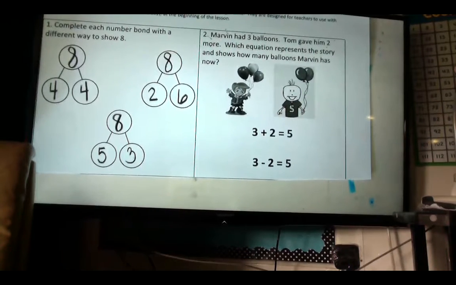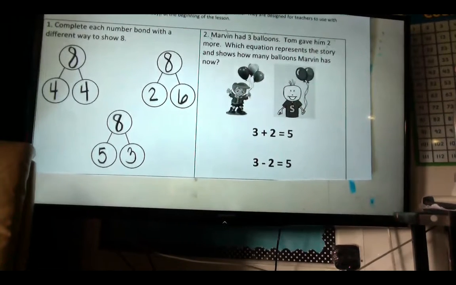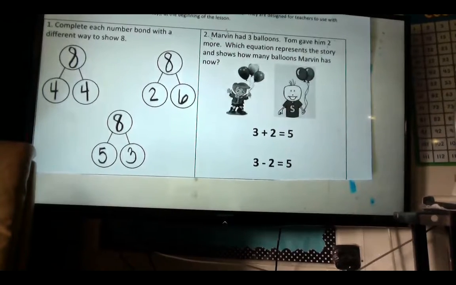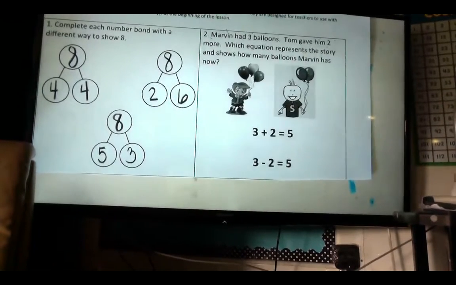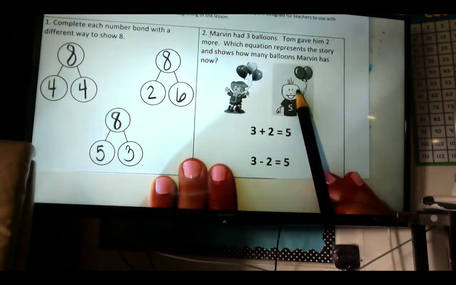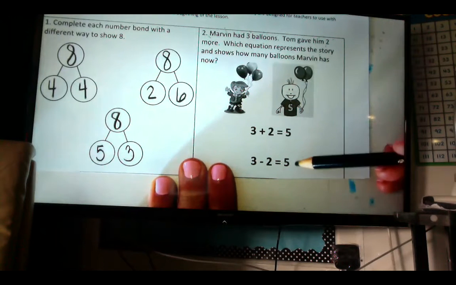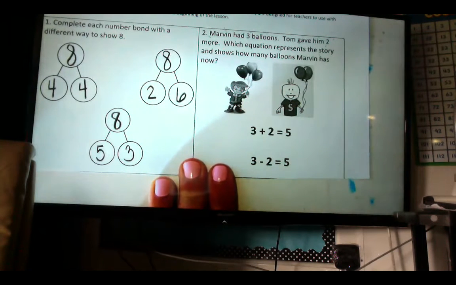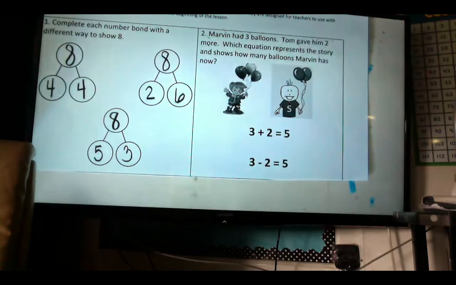That's right. More means the number gets bigger. If you have more cake at a birthday party, that means you have another piece. So Marvin started with 3 and he got 2 more. Which one of these equations represents 3 and 2 more?